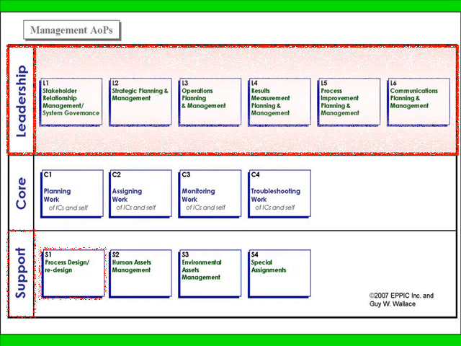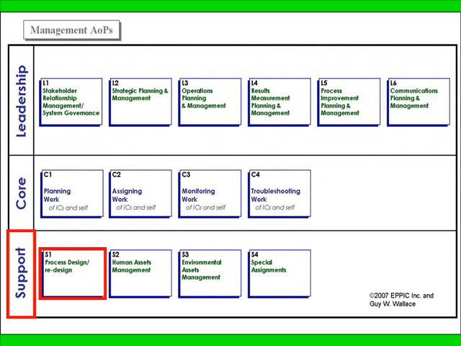The support management areas of performance, starting with process design and redesign. Human assets management, everything from organization and job design, recruiting and selection, succession planning, training and development, performance appraisal, compensation and benefits.